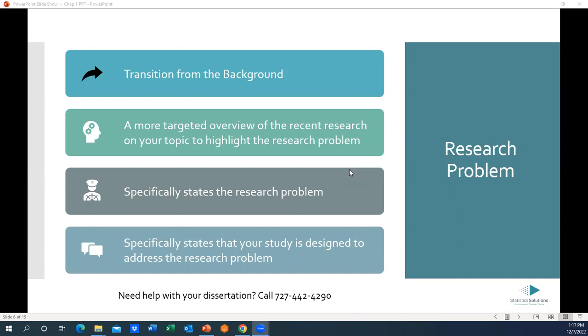But that's the idea of the research problem section. Again, that's going to drive the study. You usually have to have that down before your committee will let you move forward. Sometimes they let you tweak the research problem later, which can be done, but it's always good to get it down. And it does require a good bit of research to get up to speed with what's been done in your area, so you can identify something unique that still needs to be done.